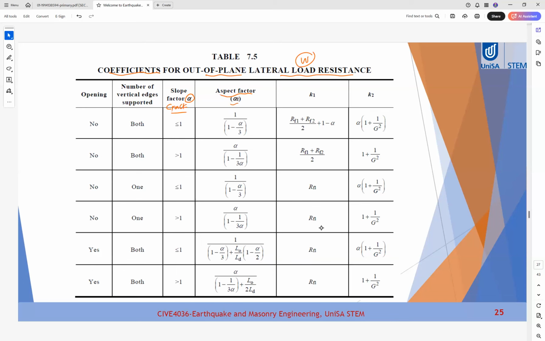Aspect factor alpha F, K1 and K2. So depending on whether you have vertical support or not, and the slope of the cracks, and the aspect factor alpha F, which is based on alpha, you can find K1 and K2 from this table.